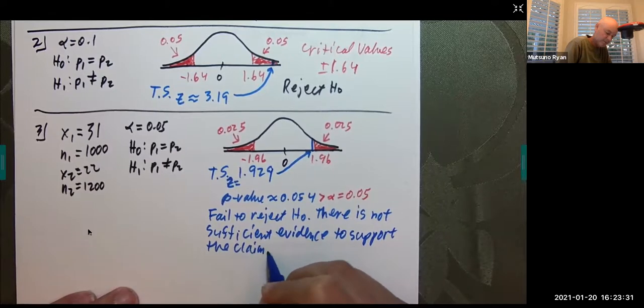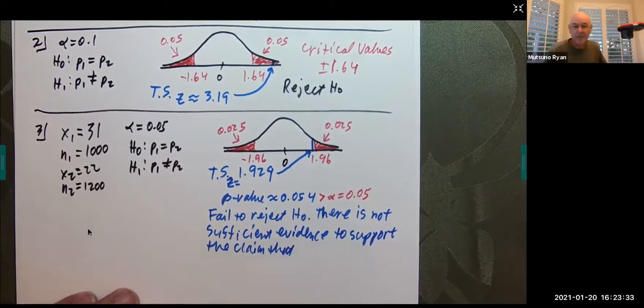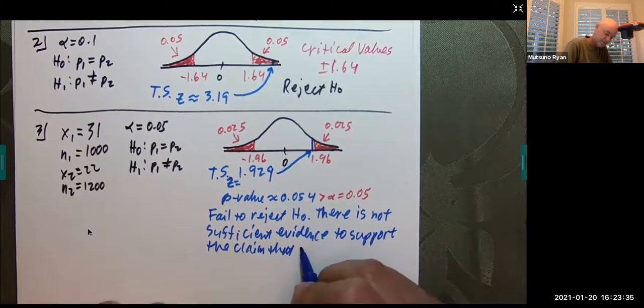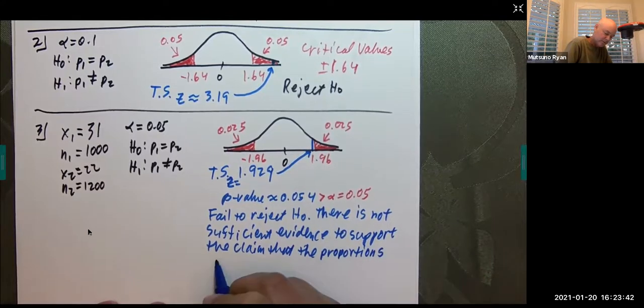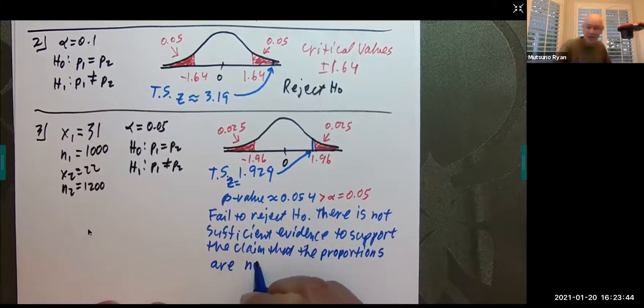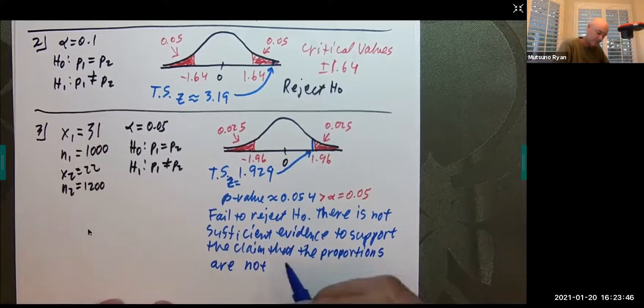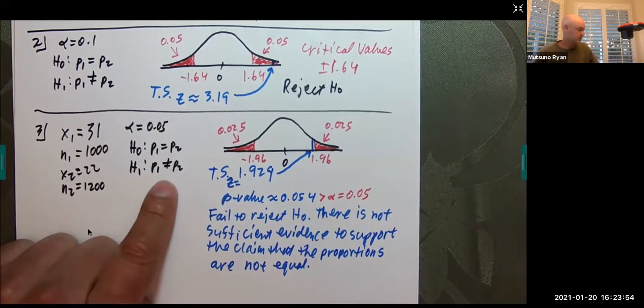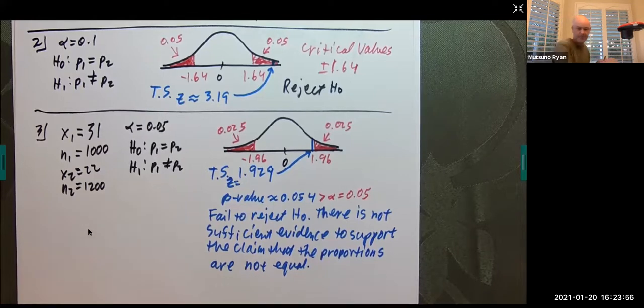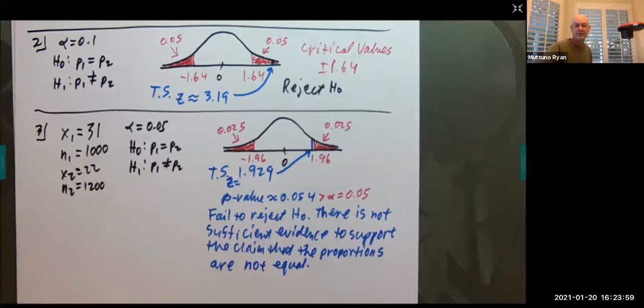And what was the claim? The proportions are not equal. So I've changed it again. If you look at the last sentence, equal. And you can always change it so that the claim is always on the alternative hypothesis, like on a test and stuff. All right, let's do number 4.